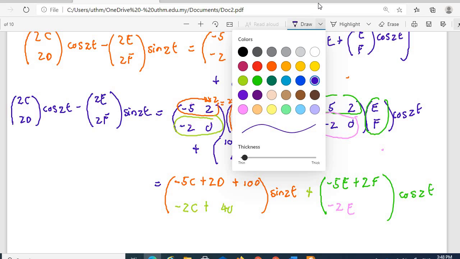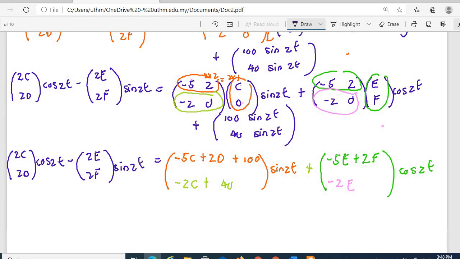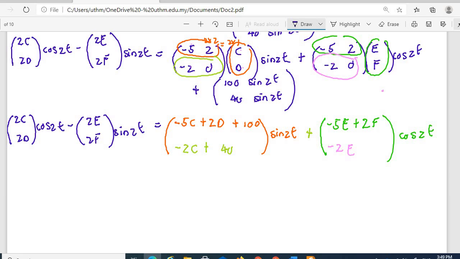On the left side you actually have 2c, 2d cos 2t minus 2e, 2f sin 2t. Because we are going to solve for 4 unknowns, which will need 4 equations, we are going to determine C, D, E, F.